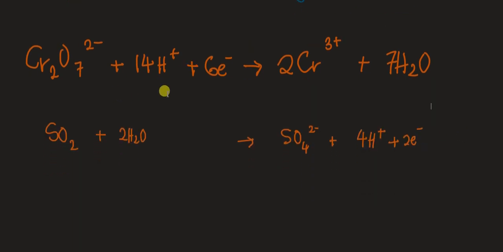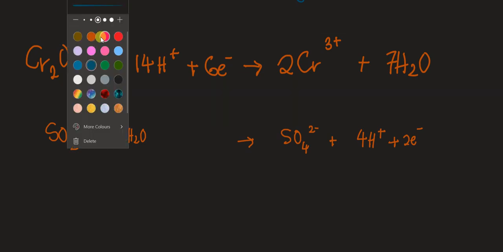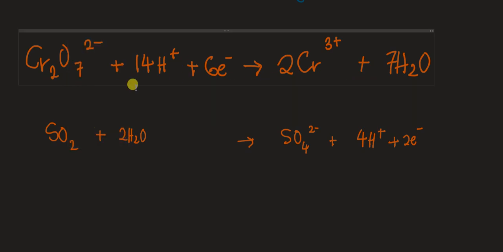So now we have both of these as balanced half equations. We can now determine which one is the oxidation and which one is the reduction half equation. So let's have a look. On the top half equation, we see the electrons on the left hand side, which means that this is the reduction half equation because the dichromate gains 6 electrons.